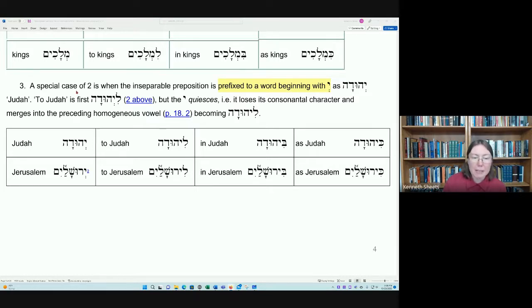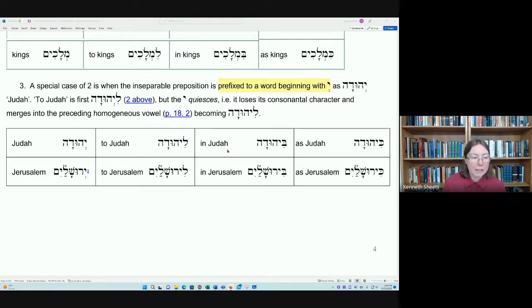So a special case of this occurs when the inseparable prepositions, so when that beth, lamed, or kaf are attached to a word that begins with a yod pointed with a simple vocal schwa. Taking, for example, here the word Yehuda.